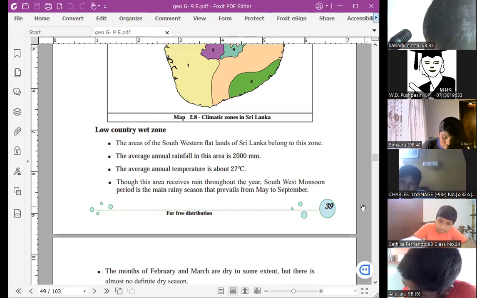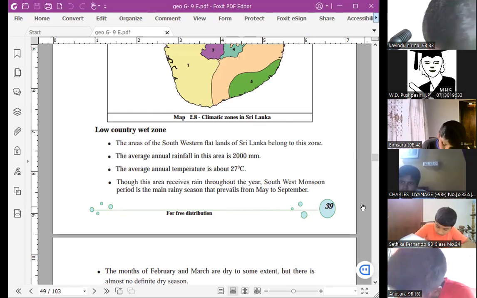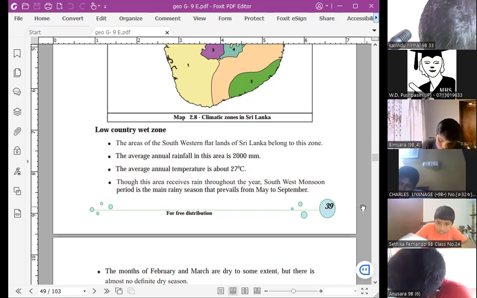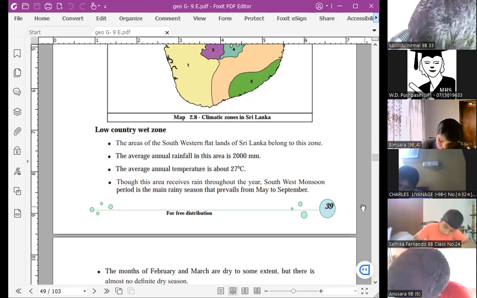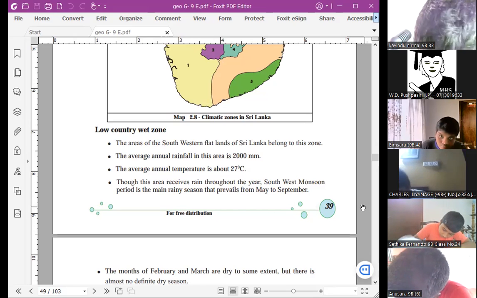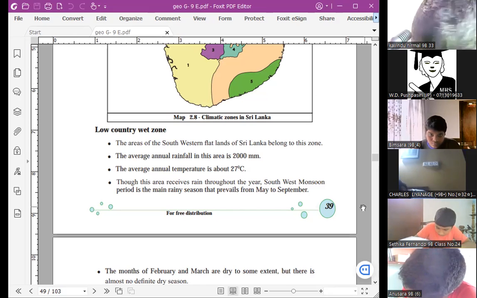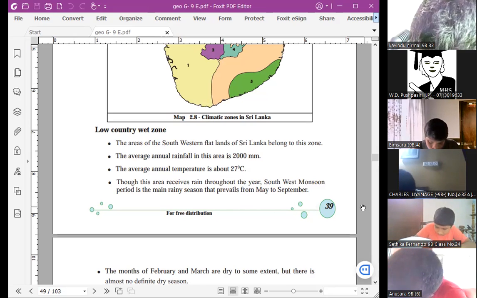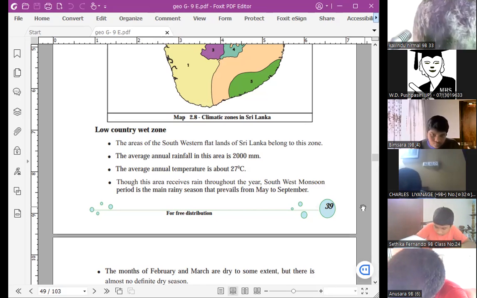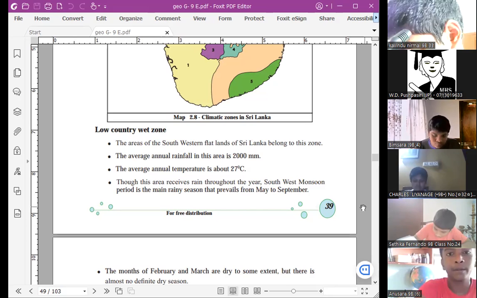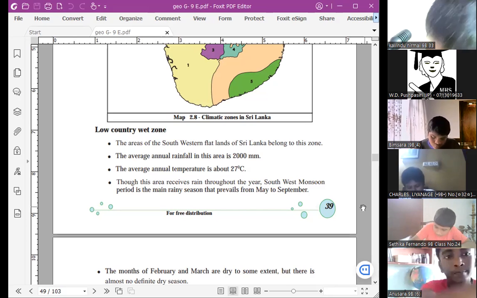So just write down here southwestern monsoon hyphen May to September. අපි මෙහෙම short form එකෙන් discuss කරලා ලියා ගන්න කියන්නේ it's very easy to remember rather than writing a lot of things, so it's useless. Only very few words are enough for you to understand, right?